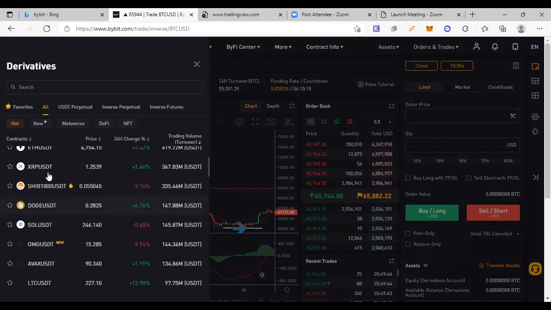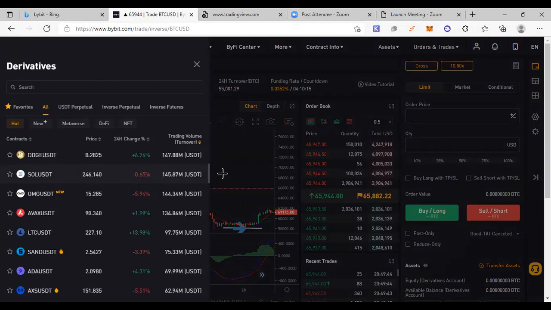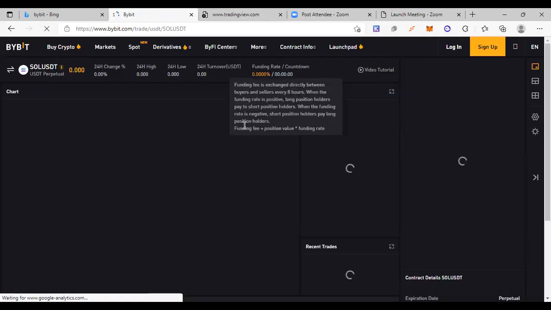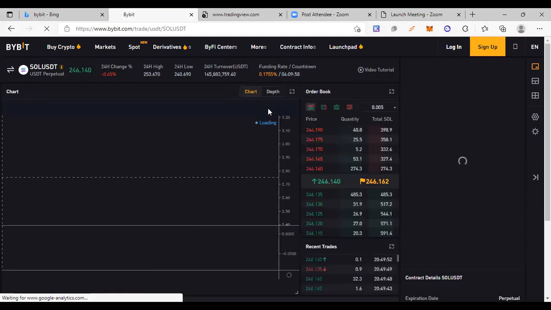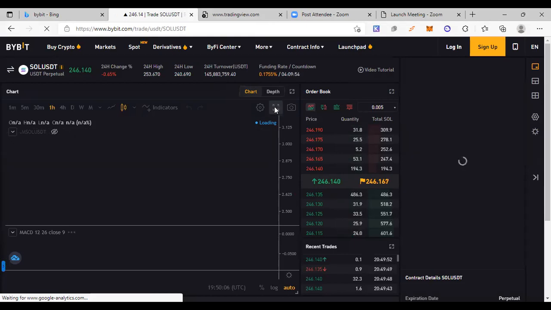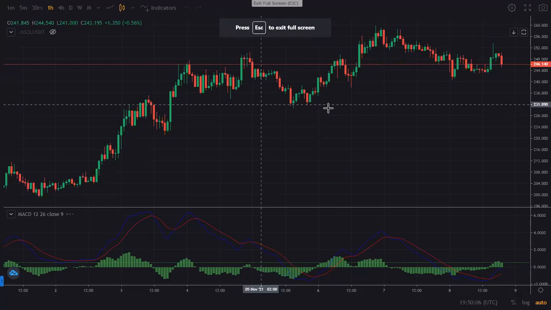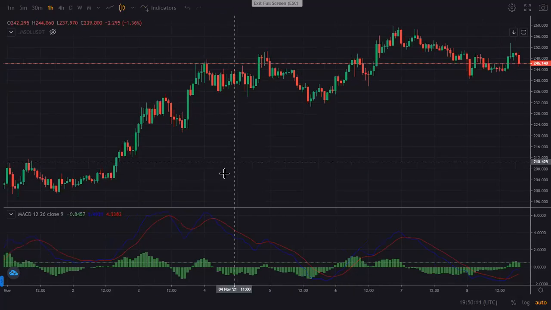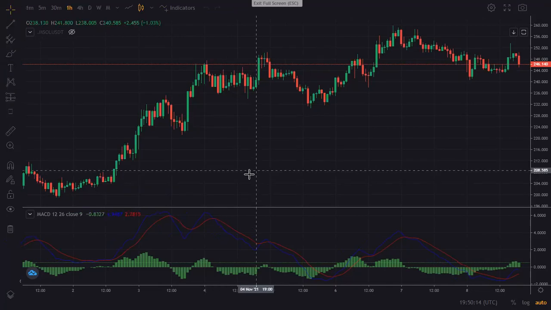So let's just use Solana USDT. All right, nice. This is it here.